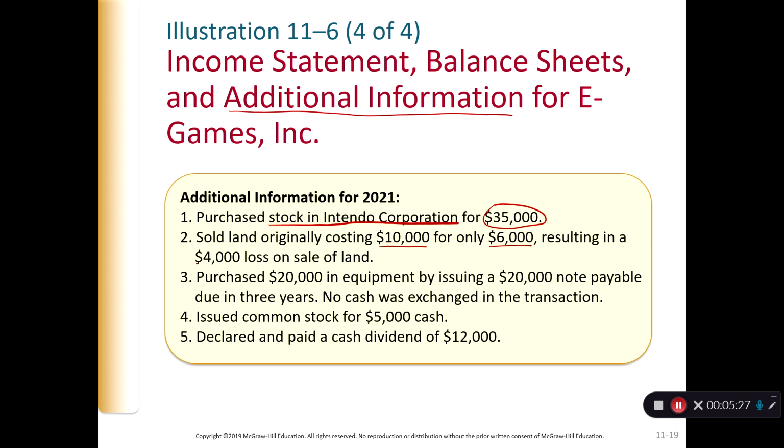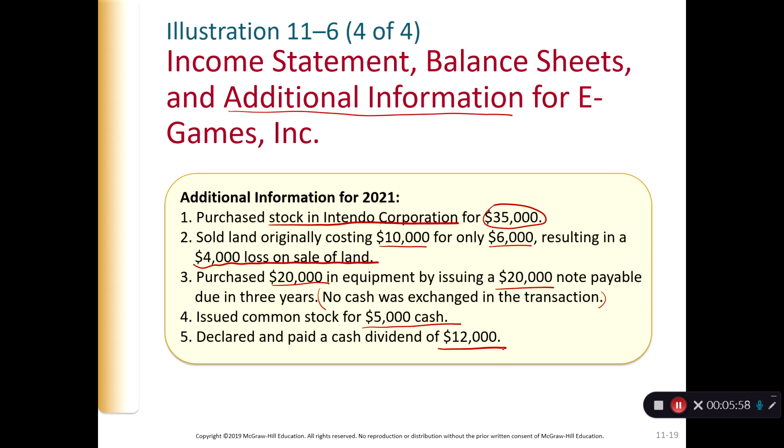Hence, that resulted in a loss on the sale of land. And 3, they purchased $20,000 of equipment by issuing $20,000 of notes payable, which is due in 3 years, and no cash exchanged. And 4, they issued common stock for $5,000 cash. So they sold their common stock for $5,000 in cash. And 5, they declared and paid a cash dividend of $12,000.